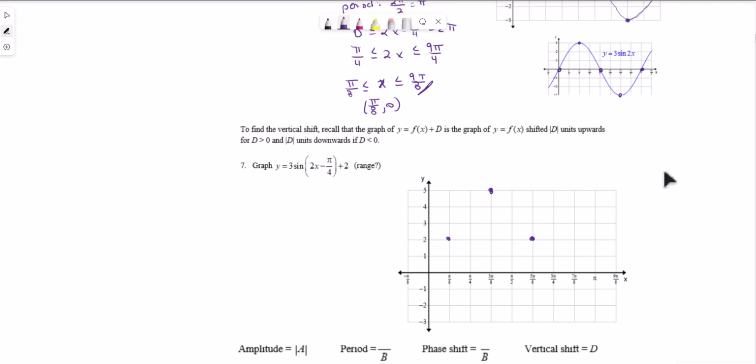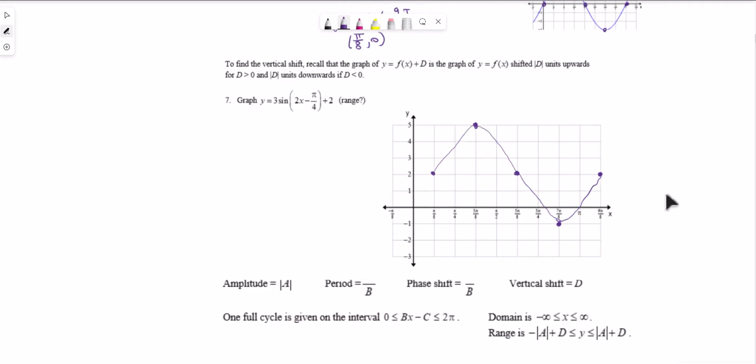Instead of going all the way down to negative 3, it's going up. So that's negative 1. And then at 9 pi over 8, it's back to 2. So that would be what D would do.